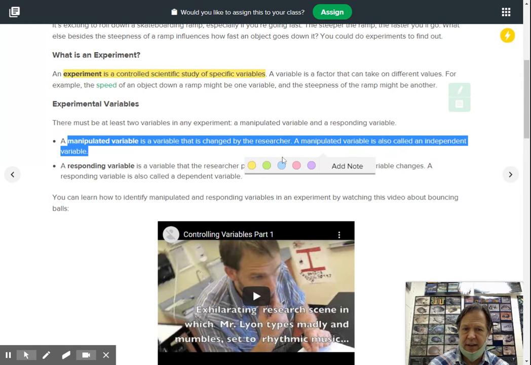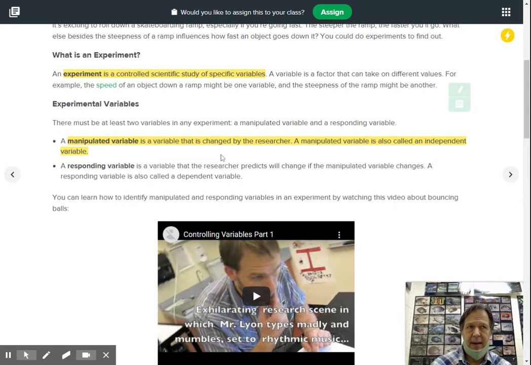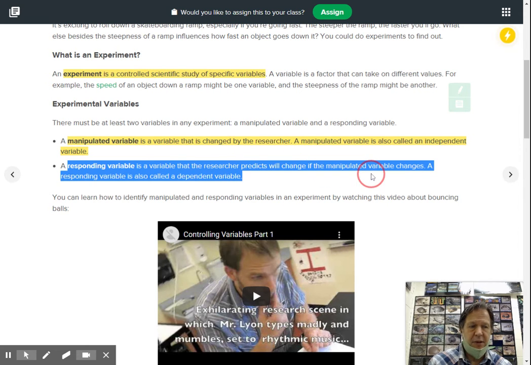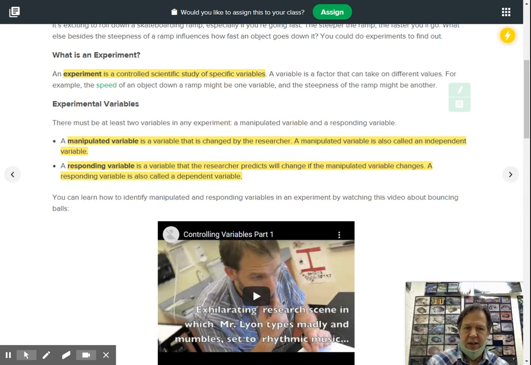And then to figure out if the manipulated variable had an effect, you look at the responding variable. It responds to the manipulated variable, and helps you determine, did the manipulated variable affect it? We also call that the dependent variable. So manipulated is also called the independent variable, and the responding variable is the same as the dependent variable.